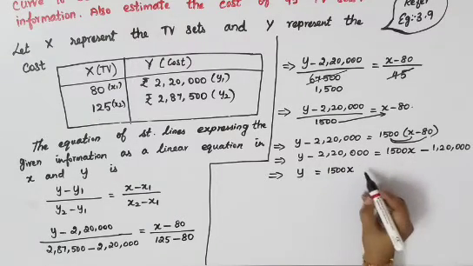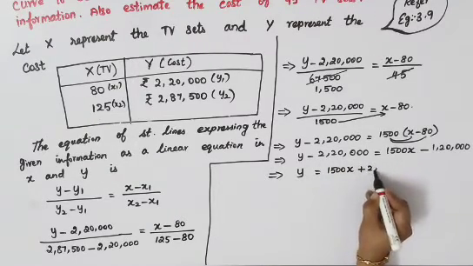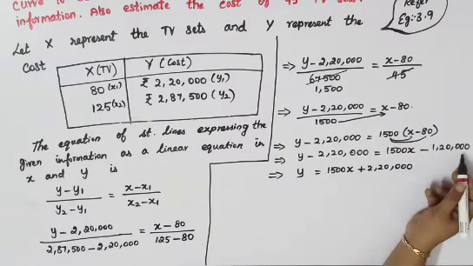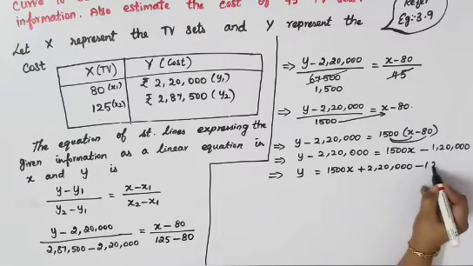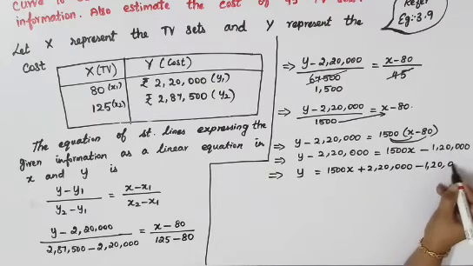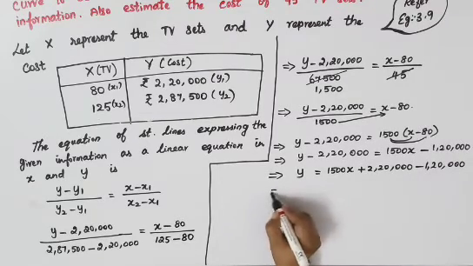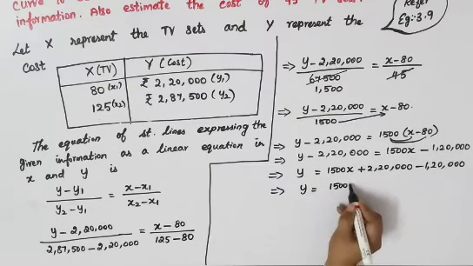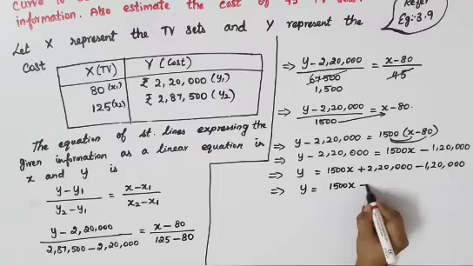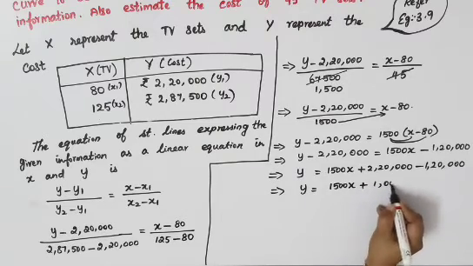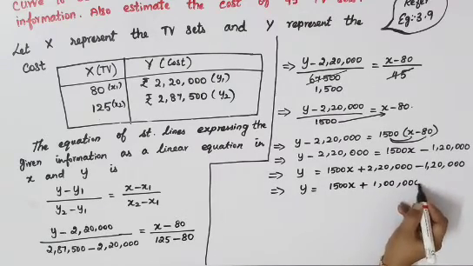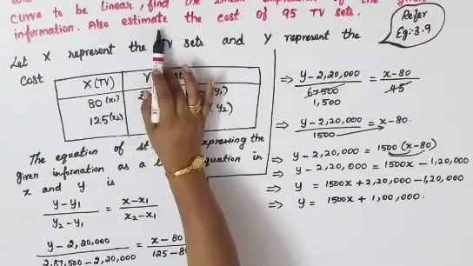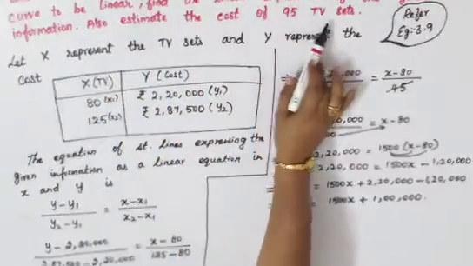If you take it towards your right hand side, it will become plus 2,20,000, and this minus 1,20,000 as it is. So which implies Y is equal to 1,500X, subtracting you will get plus 1 lakh. So this is your linear equation.